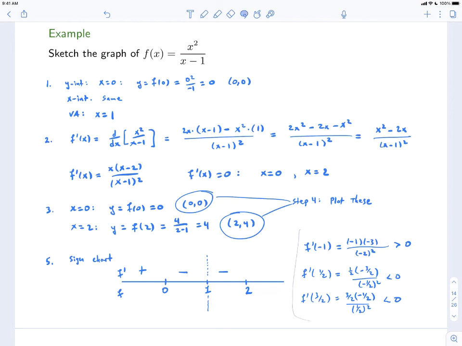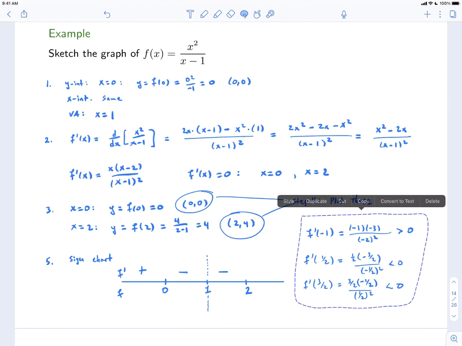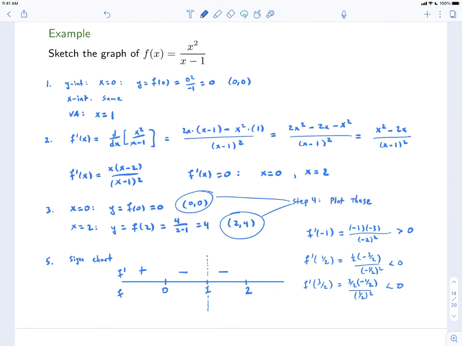Let me just move all of these up just a little bit so I have a little bit more room on this slide. So then we'll just do f prime, and you can pick any number that you want that's bigger than 2. So 3 is convenient. So we'll have 3 times 3 minus 2 divided by 3 minus 1 squared. And of course, that's 3/4, but really what we care about is that that's positive. So that tells us that the function is increasing, then decreasing, then decreasing, then increasing.